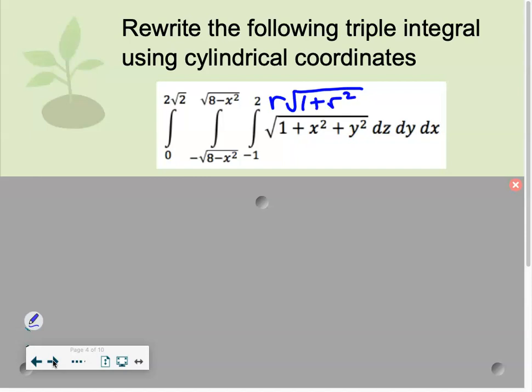Okay, and you know you're going to have a dz, dr, d theta. Your z's don't have to be converted. Z stays z in cylindrical. So your z's can just stay.